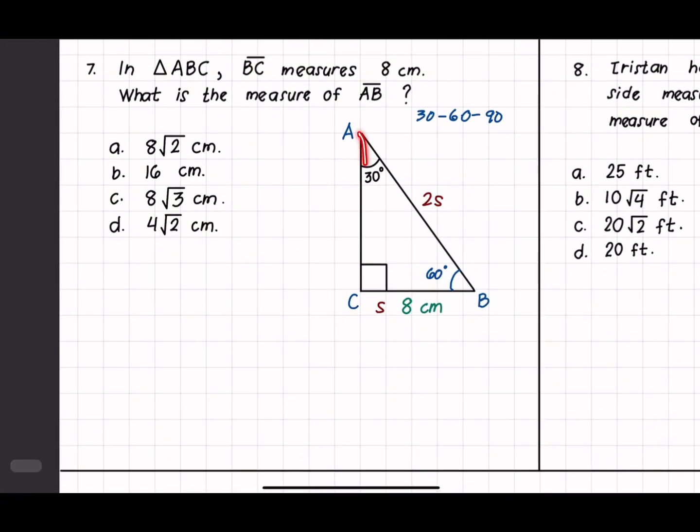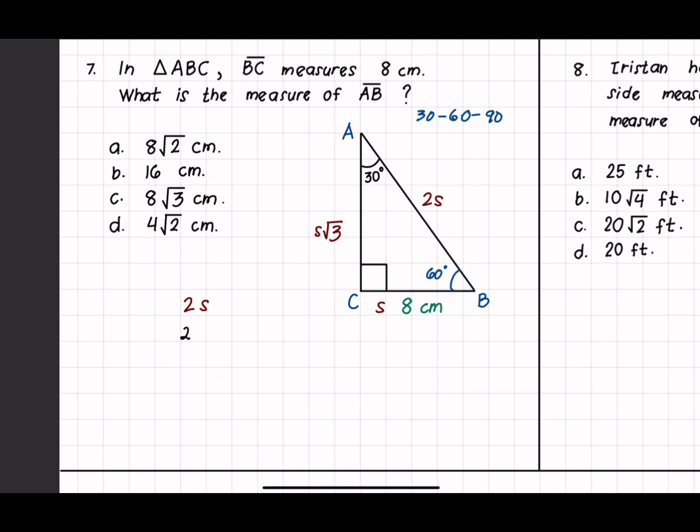And the long leg, which is the opposite of 60 degrees, is S square root of 3. Since we are looking for the hypotenuse, which is 2S, and the short leg is already given, which is 8 centimeters, we can use the formula 2S.